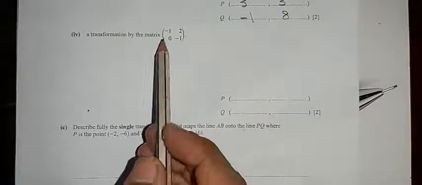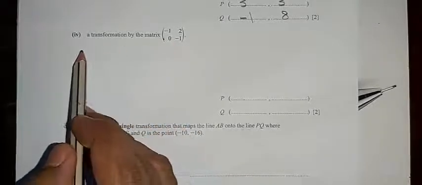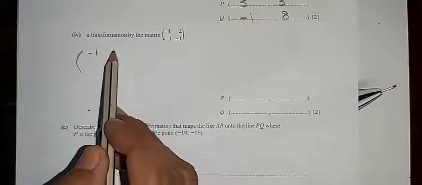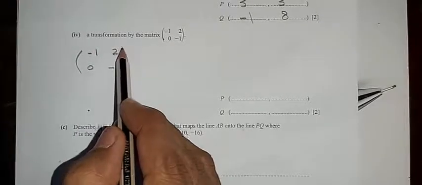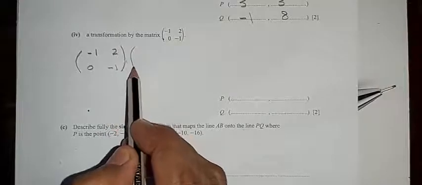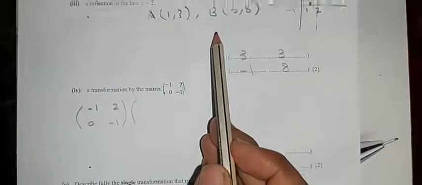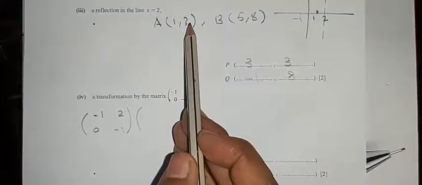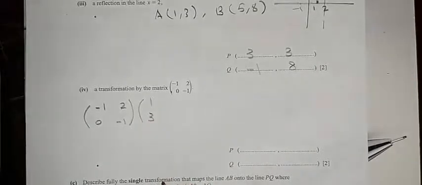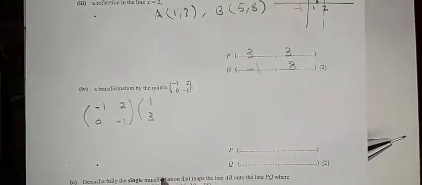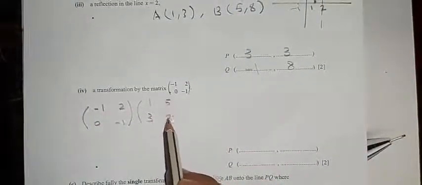Okay, we will multiply this matrix -1, 2, 0, -1 by the matrix of the 2 points A and B. Point A is 1 and 3. We will write it like that, 1 and 3. And the second point B is 5 and 8. We will write it here, 5 and 8.